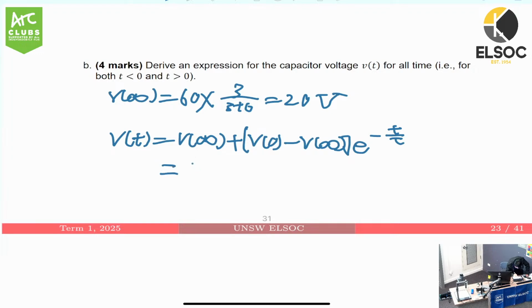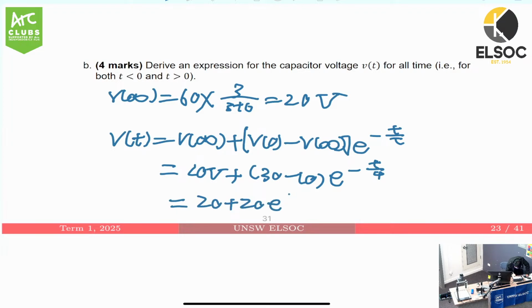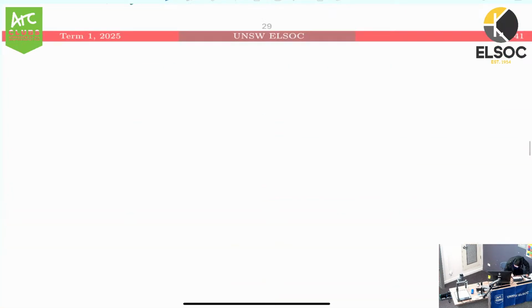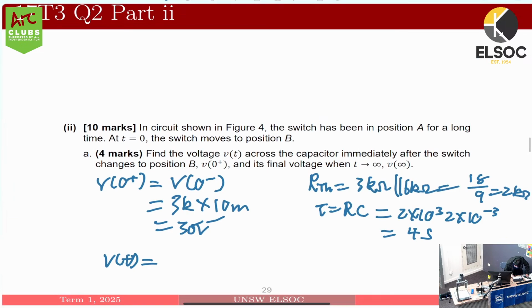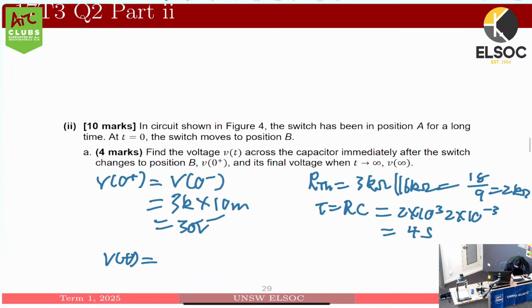V infinity I have calculated to be 20 volts, plus V0 30 minus 10, e to the power of minus T over 4. That's 20 plus 20 e to the power of minus 0.25 T volts, where T is in seconds and V is in volts.